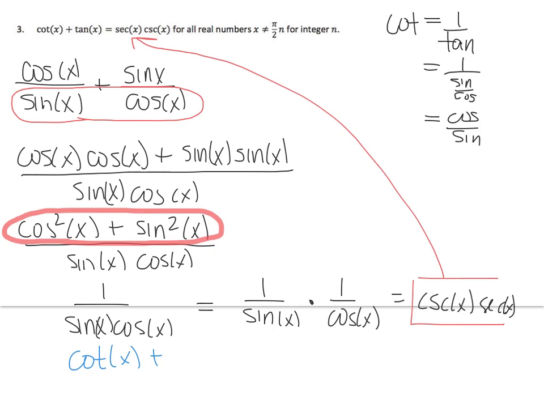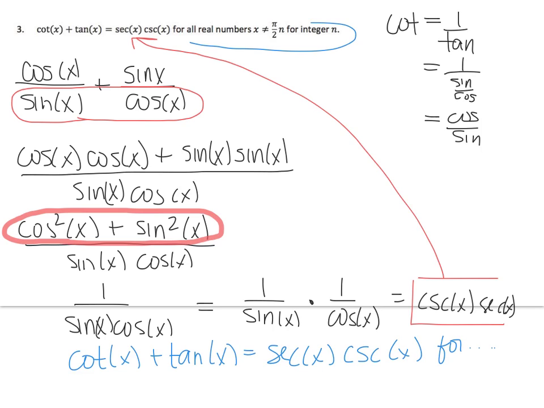So I should write my answer. Equals, I'll even reorder it, secant x times cosecant x for all real numbers where x can't equal pi over 2 times n for integer n.